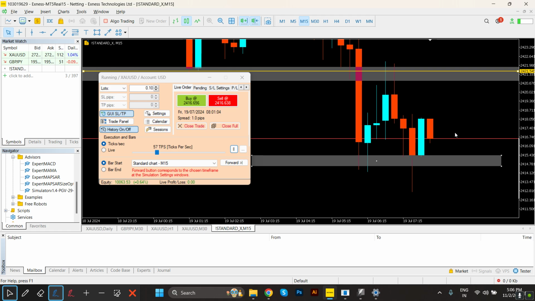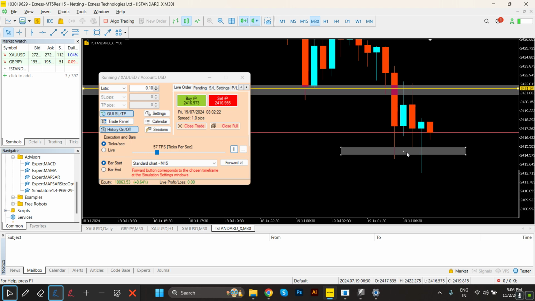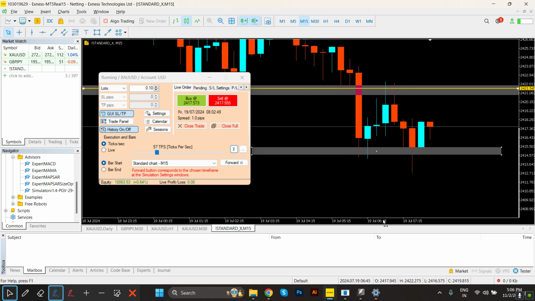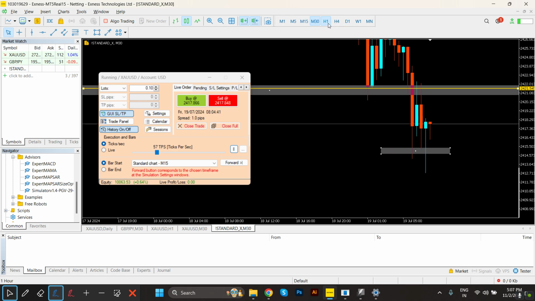If this candle starts breaking the low here, all I want is price to break below this area now, and then we will see.